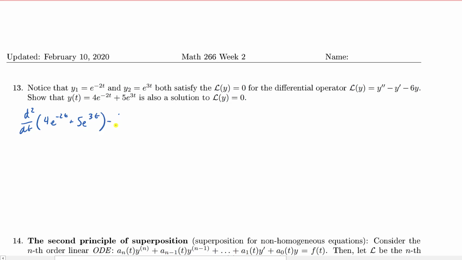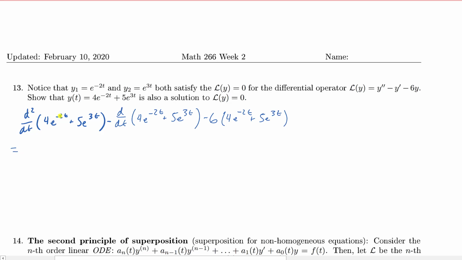And we would subtract from that the first derivative, d/dt of 4e to the minus 2t plus 5e to the 3t. And we would subtract from that 6 times just y of t, 4e to the minus 2t plus 5e to the 3t. And if this is going to solve the homogeneous equation, what does this whole thing need to simplify down to? It needs to simplify down to 0.